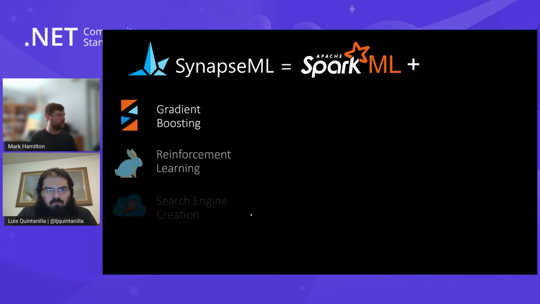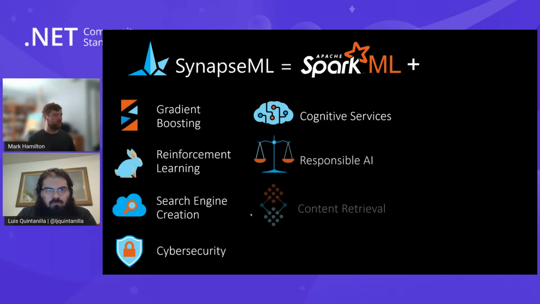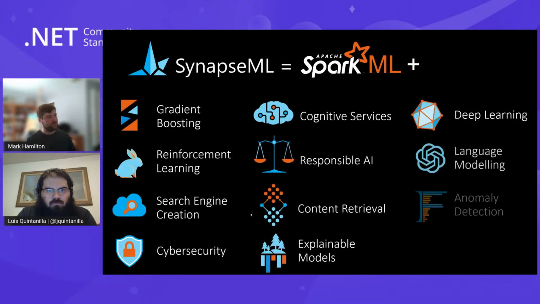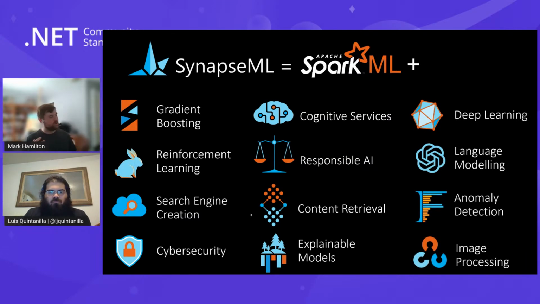So we have all sorts of new tools for gradient boosted trees, cognitive services, responsible AI, OpenAI language modeling, anomaly detection, all sorts of new functionalities we've embedded into SparkML, giving SparkML new superpowers to solve any kind of problem that you throw at it.